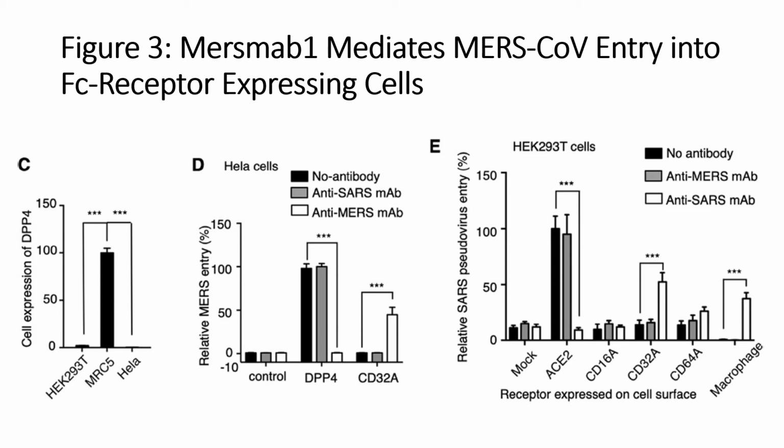It meant that both the MERS-CoV RBD-specific monoclonal antibody and the SARS one mediate the entry of the respective coronavirus into the Fc receptor expressing human cells, but block the entry of the respective coronavirus into viral receptor expressing cells.